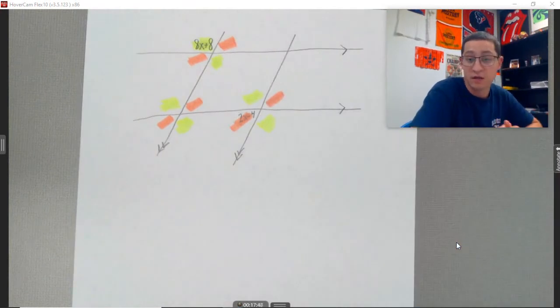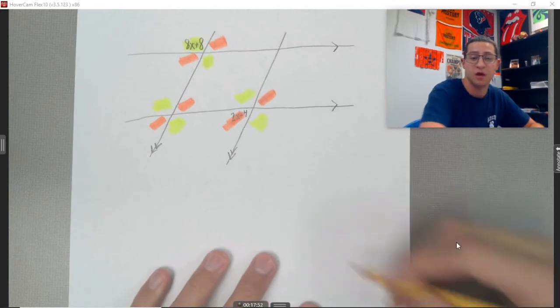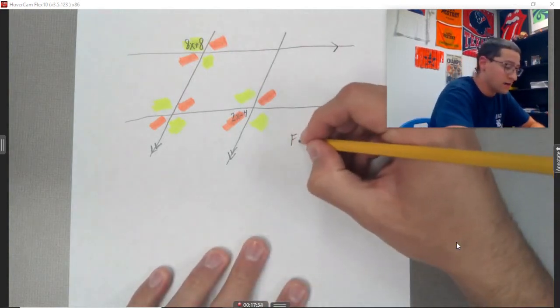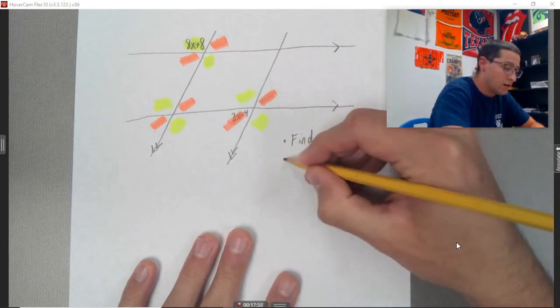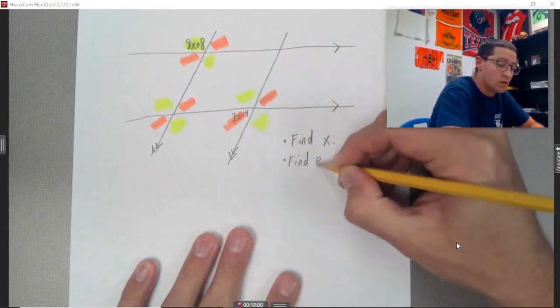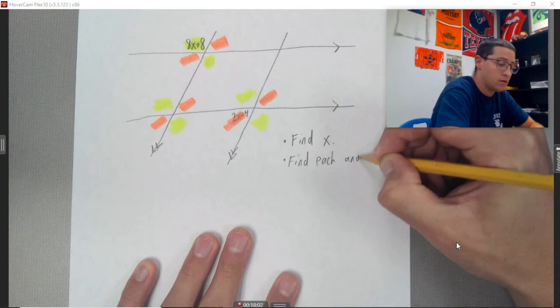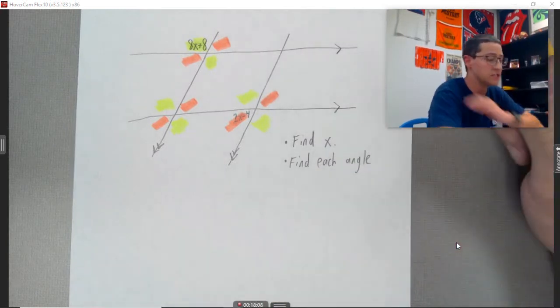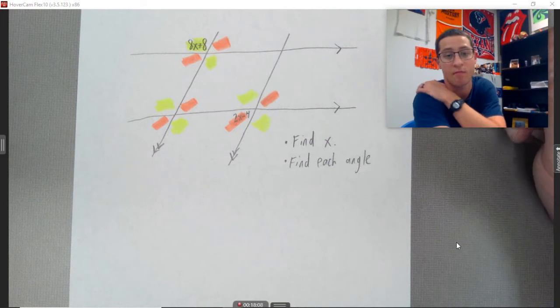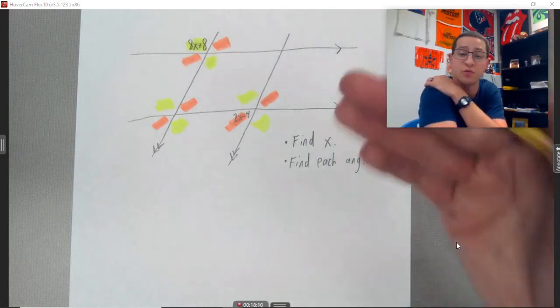If we're trying to find x, we can now say the relationship. If the problem was, find x and then find each angle, we could now do that because we know the relationship.